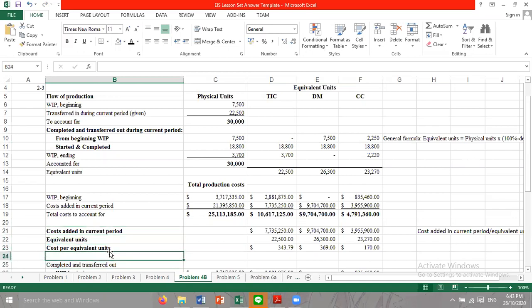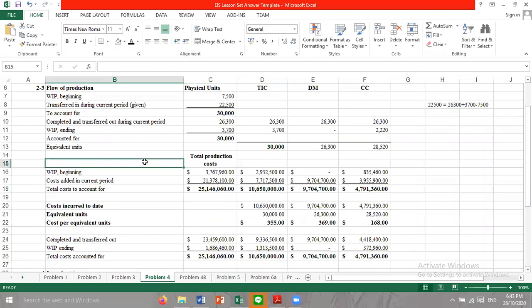Aside from that, in FIFO, we also use cost added in the current period to find cost per equivalent unit. Compared to weighted average, where you clump WP beginning into one. So you classify WP beginning and started and completed as one category, completed and transferred out during the current period, and you calculate the equivalent units by multiplying by 100%.